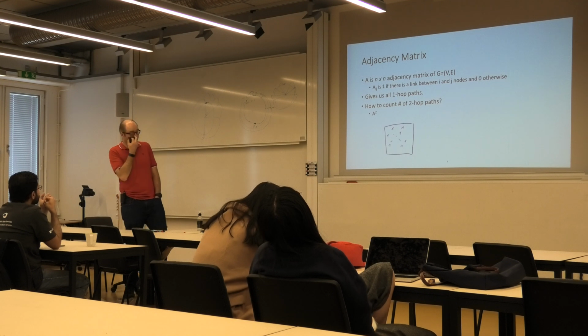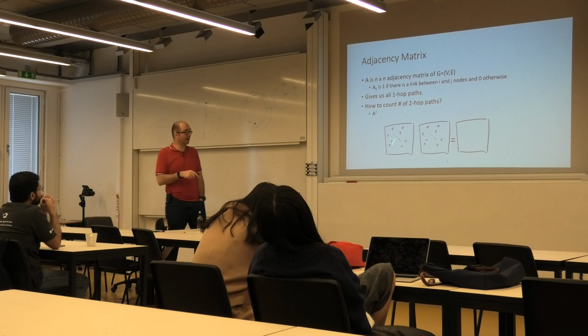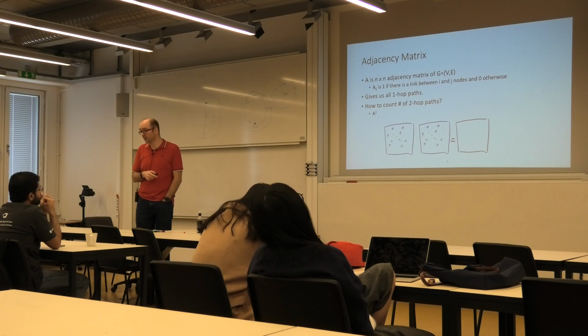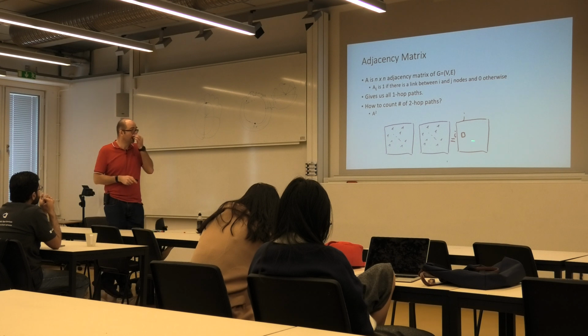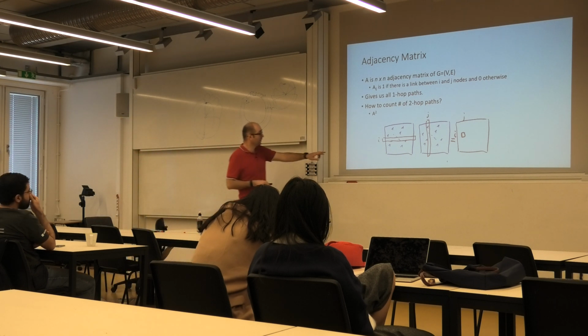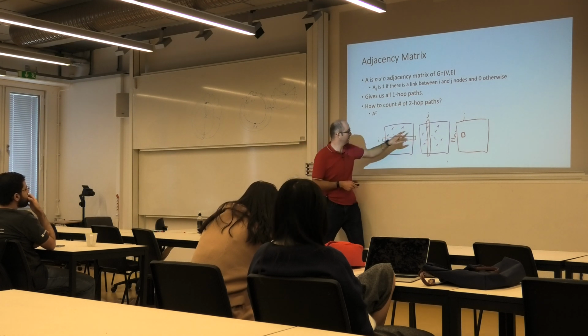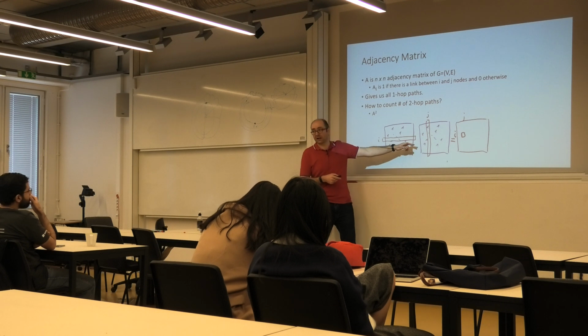And now what does that mean? If I multiply A by itself, from the linear algebra point of view, I will get a new matrix. And now what would this matrix mean? A cell ij in that new matrix, A squared, would basically be a dot product of the i-th row and the j-th column. Now what does a dot product mean? That means we will take an element here times an element there, plus, and so on. If we're unlucky, maybe it will be 0.